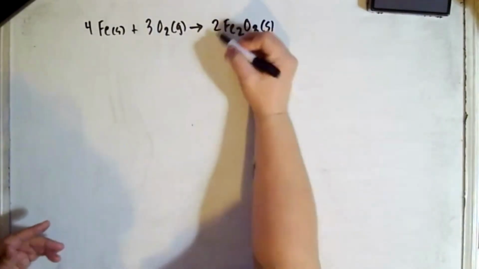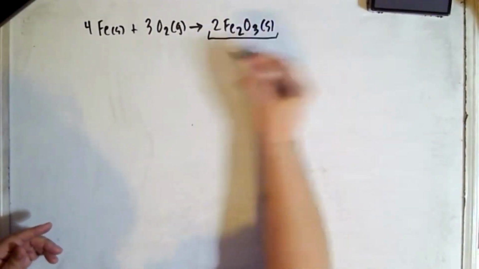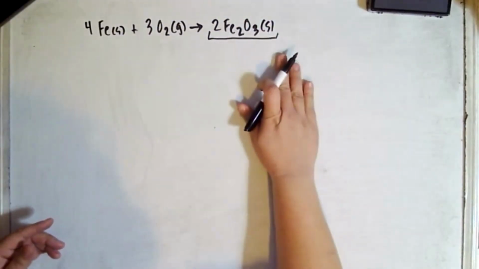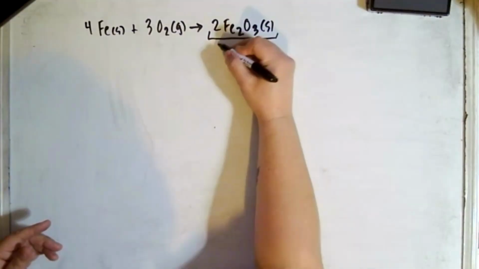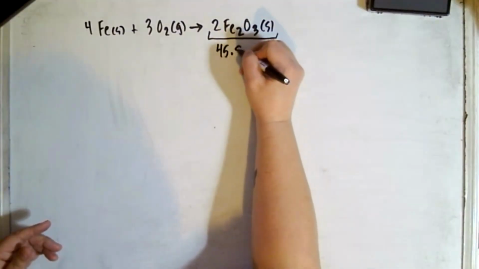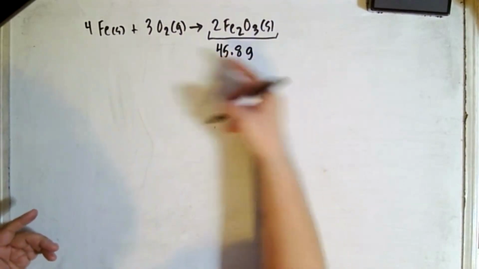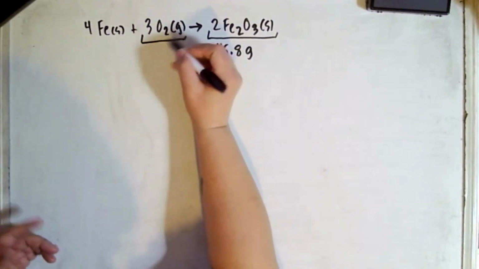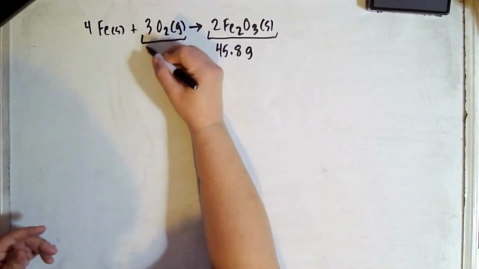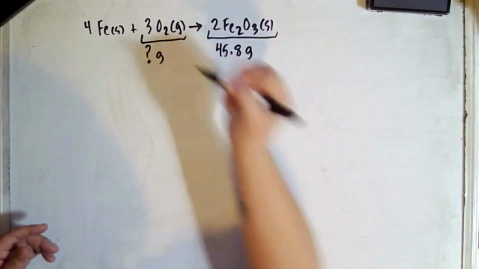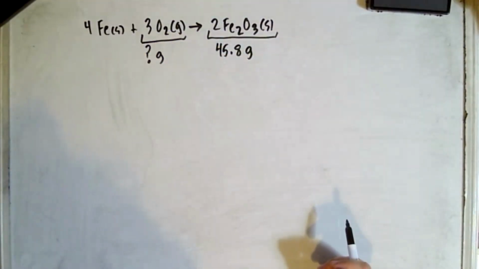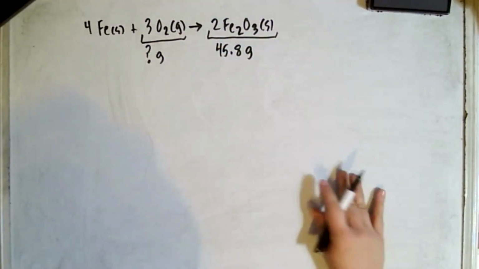The order that they're giving us the information doesn't really matter. All of these things are connected to each other. So this time they gave us a mass value as a product, and we're going to use that mass value of our product to figure out the mass of our reactant that goes along with it. But we're going to still work through the same set of steps.